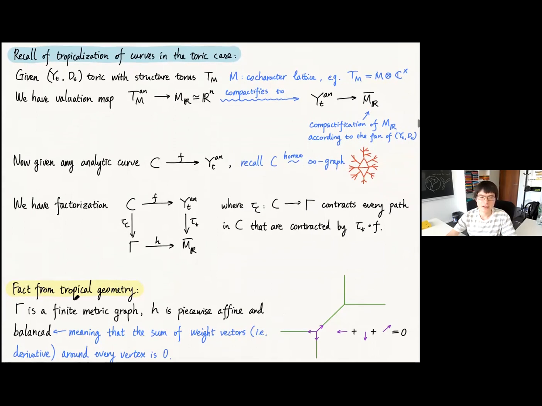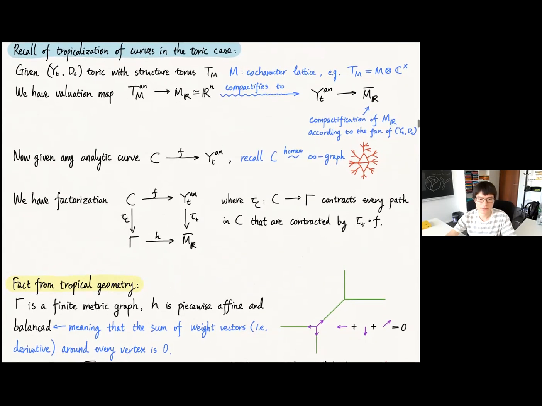It's a theorem from tropical geometry that if we contract every path like this, then gamma is just a finite metric graph, and h is piecewise affine and balanced. Balanced means that the sum of weight vectors around every vertex is 0. By weight vector, we mean the derivatives.